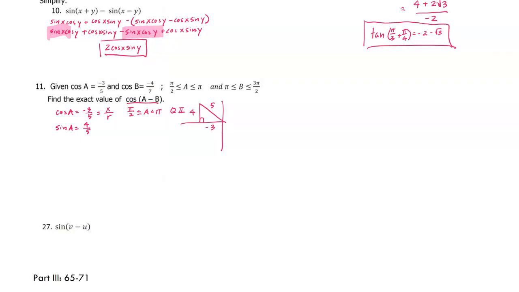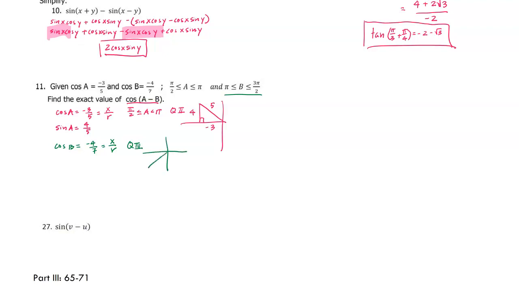The other angle is cosine of B, which is -4/7, which is x over r. Now that is in quadrant 3.